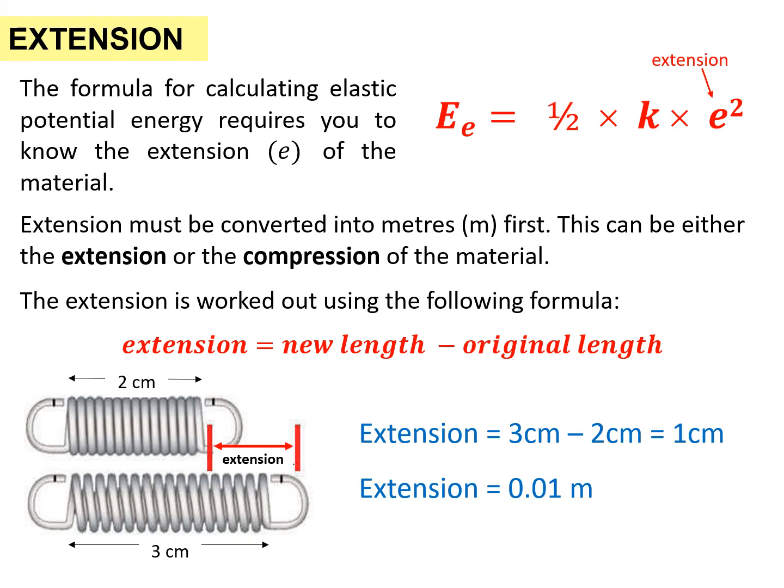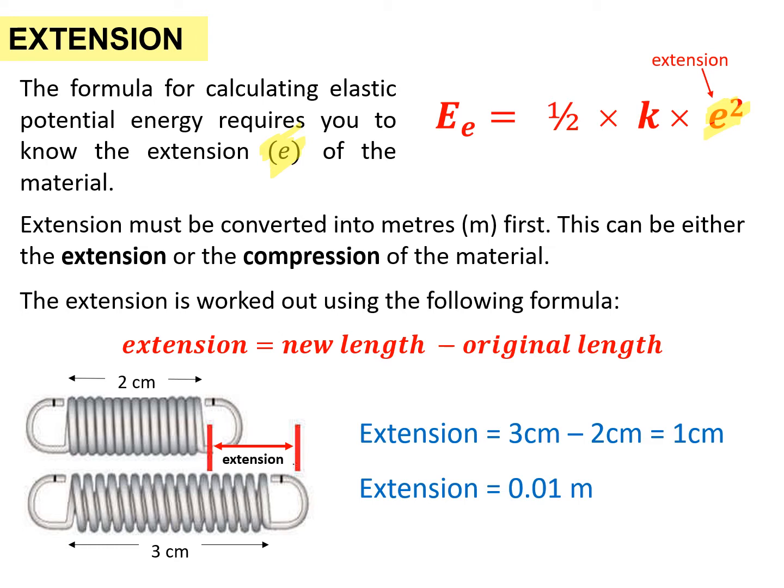So how do we calculate the extension? Extension is represented by e, and it's e squared at the end. The first thing to say is that the extension must be converted to meters. The extension is how much a spring stretches, so it's not the whole length of the spring.